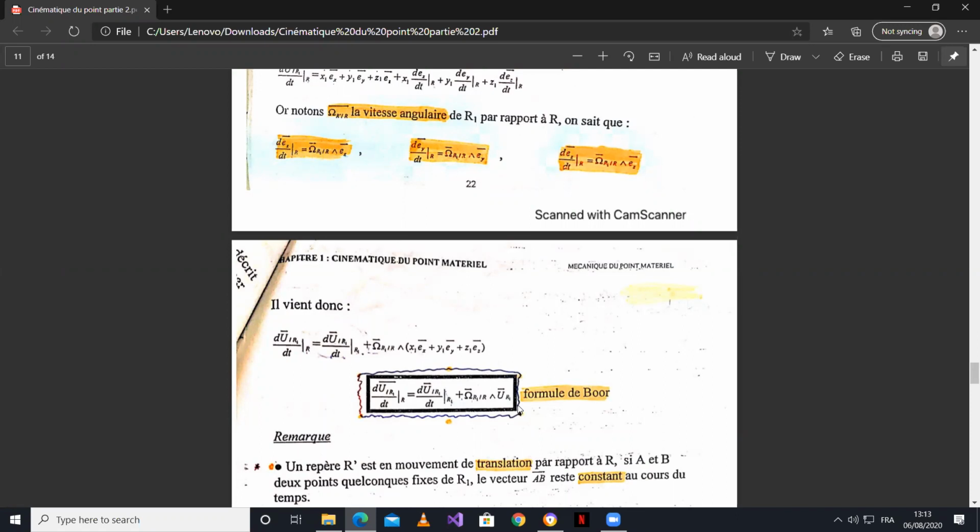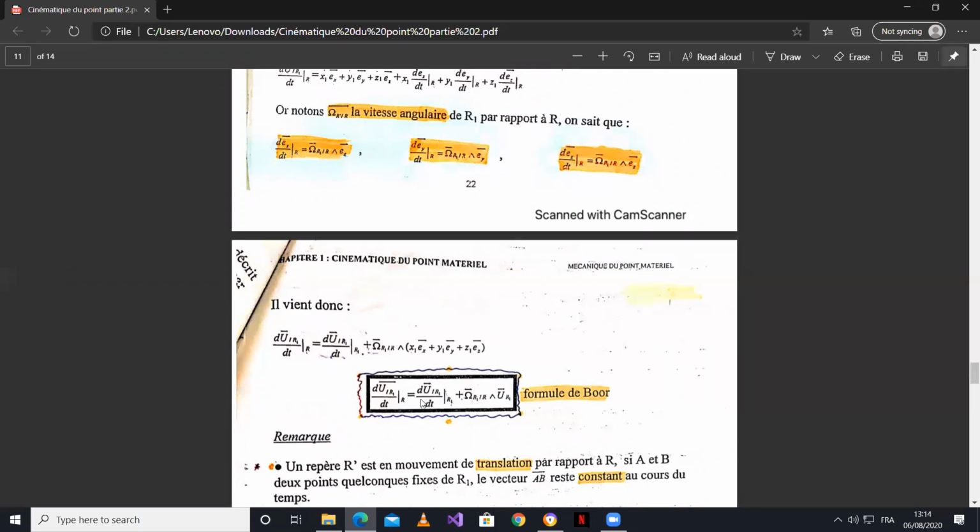So the general formula becomes d de U écrit dans R1. So U written in R1, its expression has been written in the referential R1. You're deriving it par rapport au temps, but you're deriving it par rapport à R, or you're deriving it in the referential R. Even though it's been written in R1, you are deriving it in a foreign referential, which is R. So the formula is going to be, you will first derive it in its own referential.